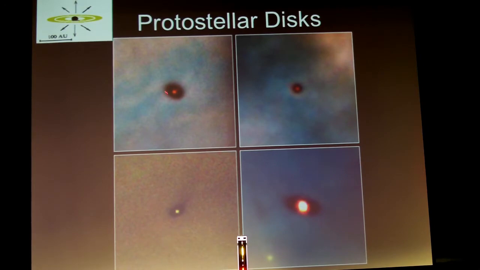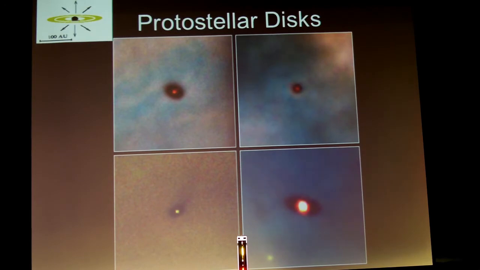And once again, the dust in that disk material is blocking the background light from getting to you. So they're in silhouette. Baby star, baby star, baby star, baby star, somewhat further along in the process because it's cleared away the material around it. But there's a disk of potentially planet-forming material around its equator.